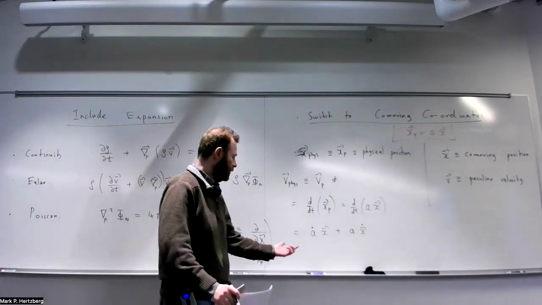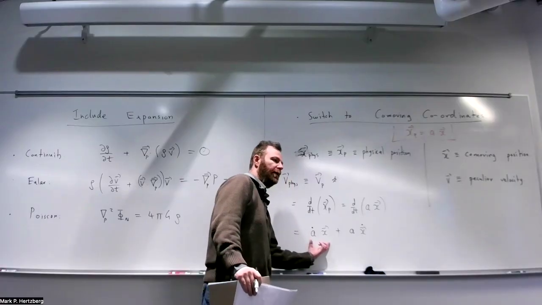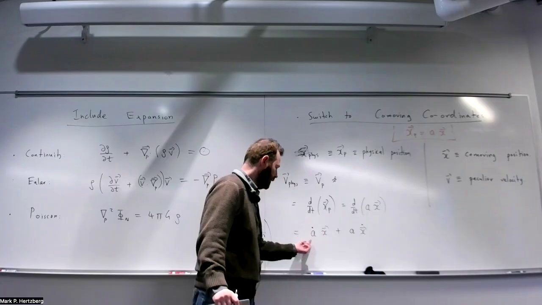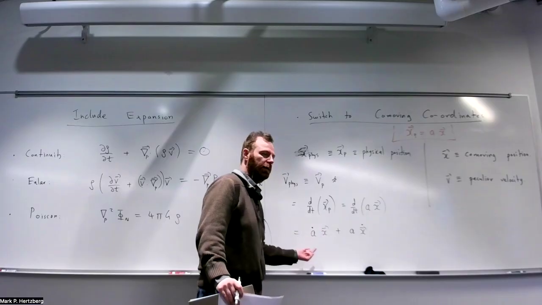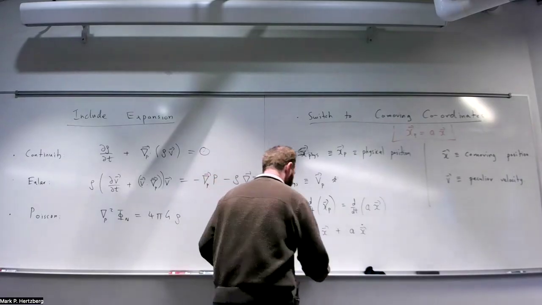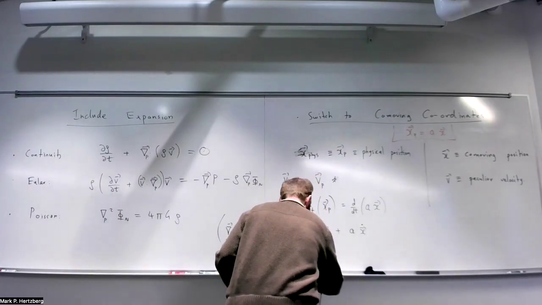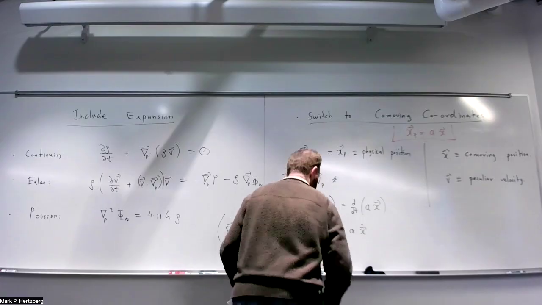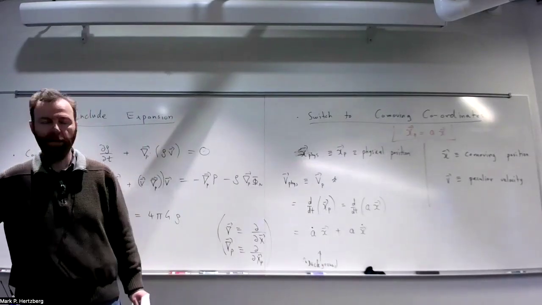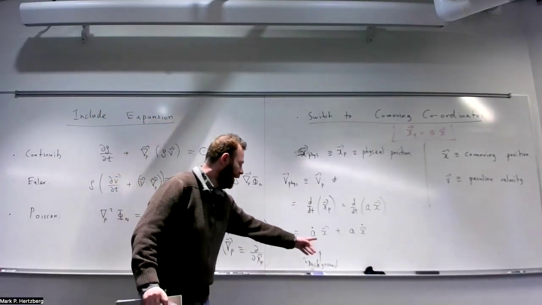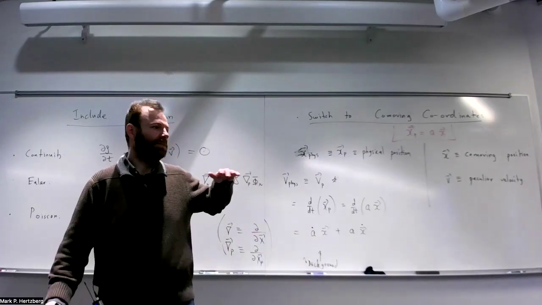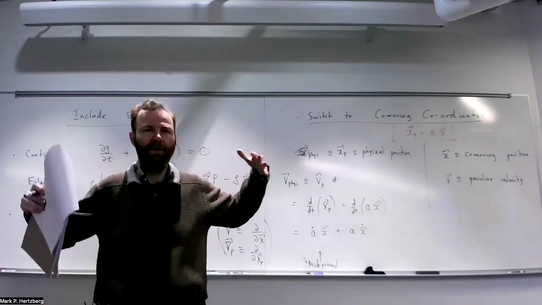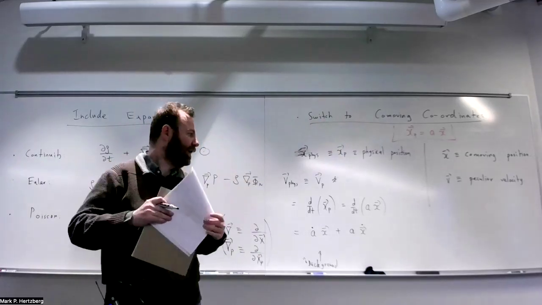This is a separation between really the background contribution. This just is related to the fact that the universe is expanding. So we could call this the background piece if we like. And I could write that as v bar if I like. And the fact that it's proportional to x is just a reminder that the stuff that's further away is moving faster. This is just the background homogeneous expansion of the universe.